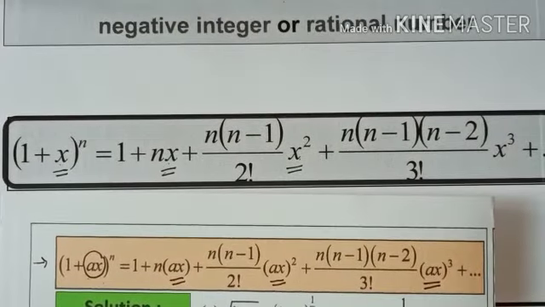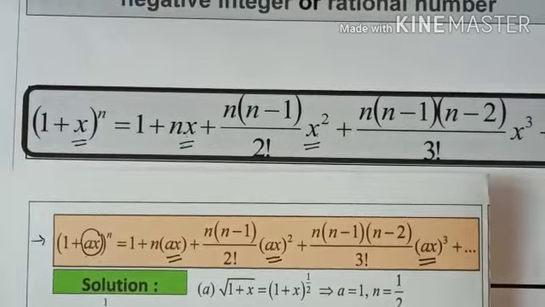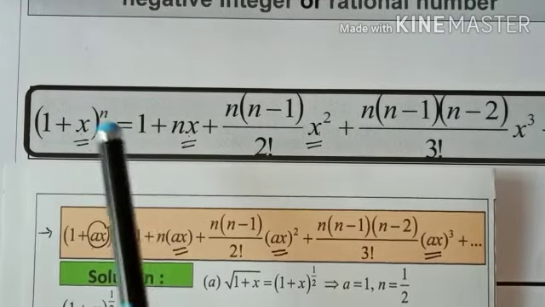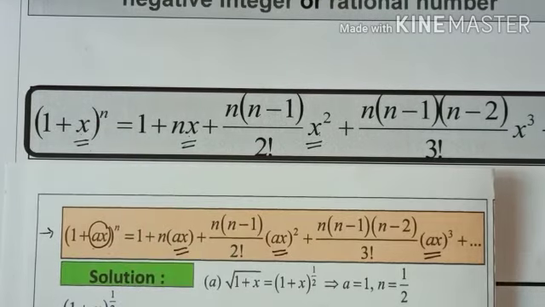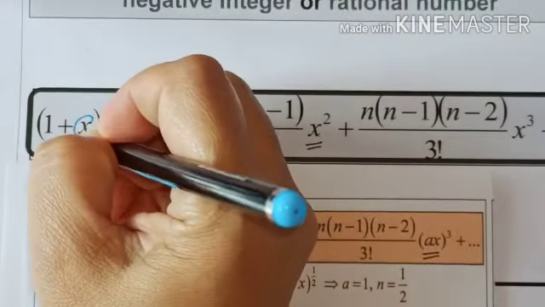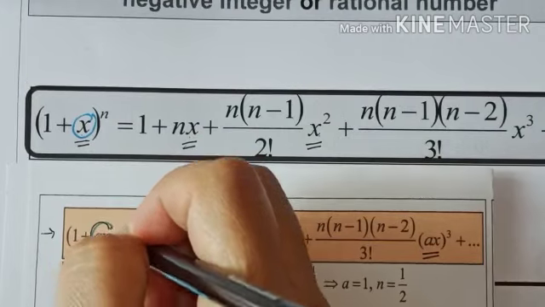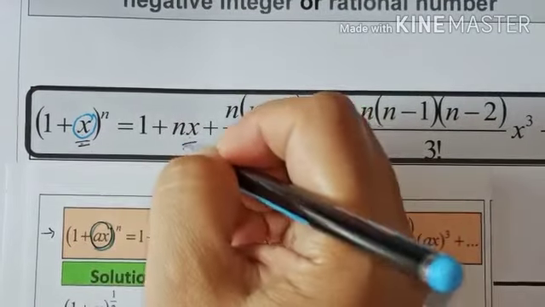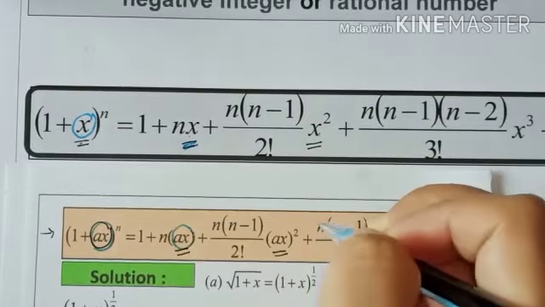To solve this example, I prefer we use the second formula, which is equivalent to the first formula. The difference is I just change the term x to ax. That means for each term of x, I replace it with ax.